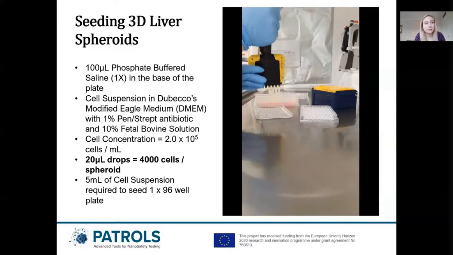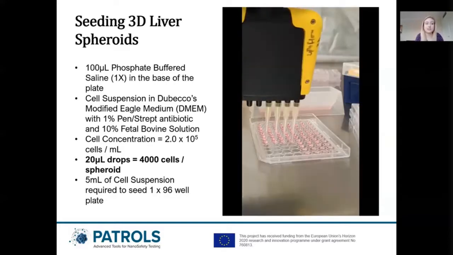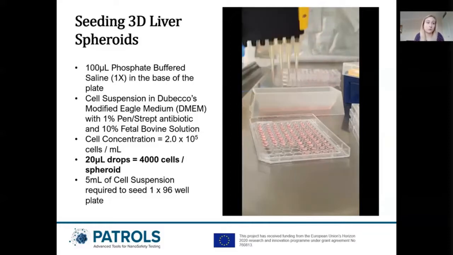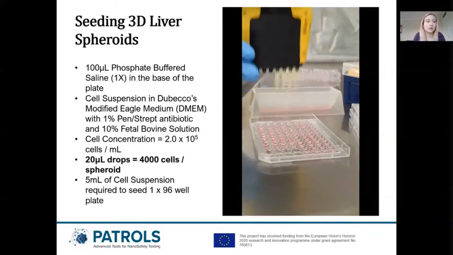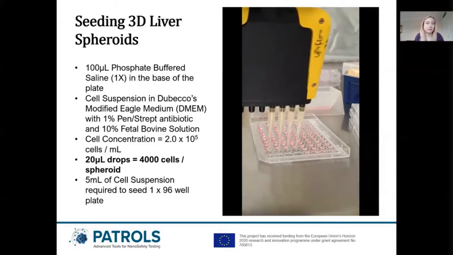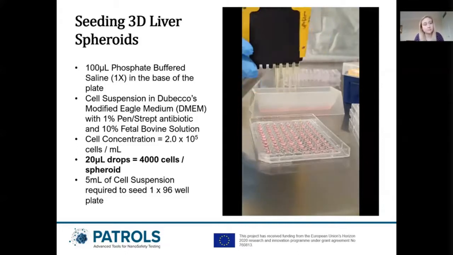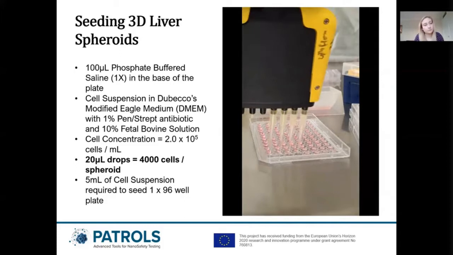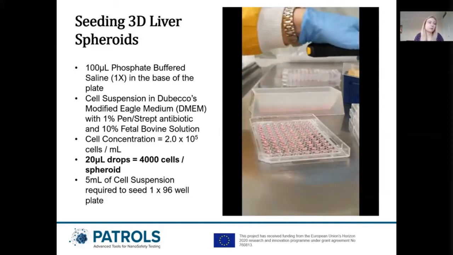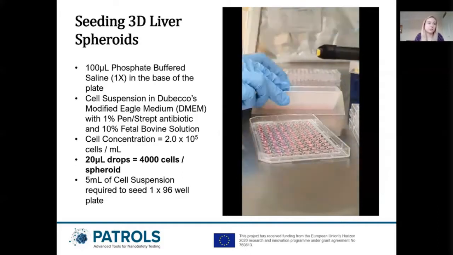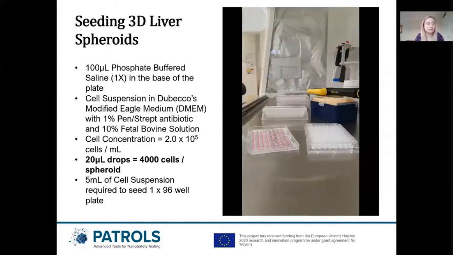When adding these drops, take care to make sure the spheroid droplets are added in the center of the grooves, as you can see there, as this will make sure that the spheroids form directly in the center of the drops. For each plate, about 5 mL of cell suspension is required in order to seed the full 96 wells.